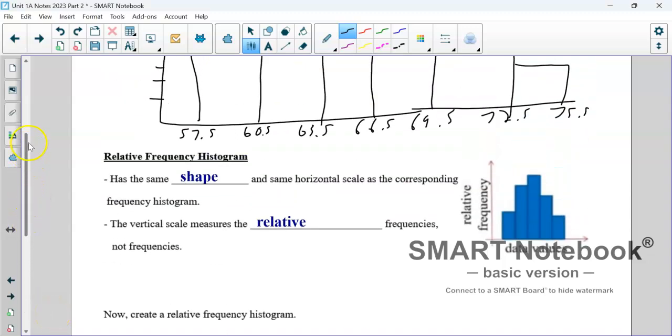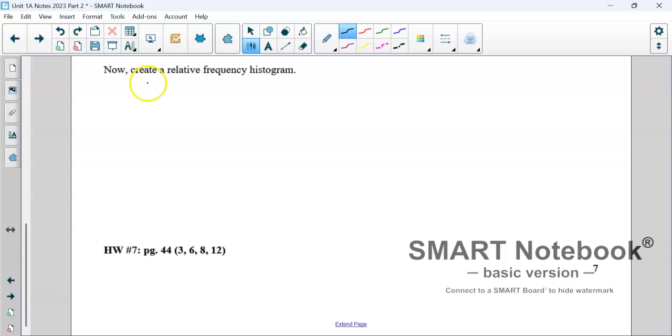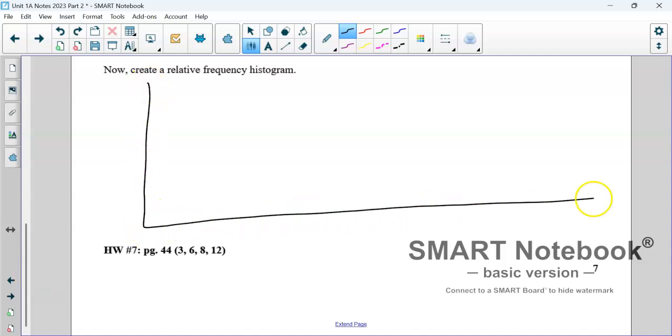All right, so we're going to use the same numbers as we did up there on the bottom. So again, 57.5, 60.5, 63.5, 66.5, 69.5, 72.5, and 75.5. Right. A little bit skewed there.